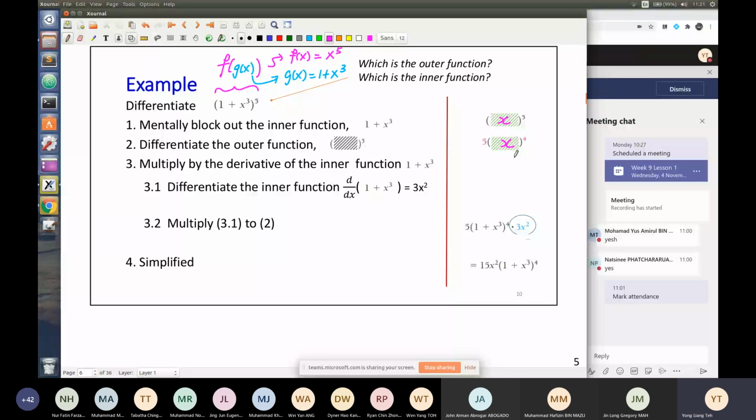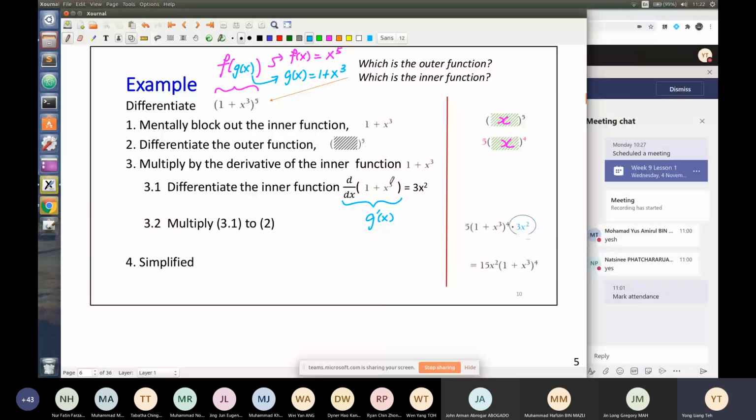So this is your outer function derivative. Then subsequently, multiply the derivative of the inner function. Firstly, you differentiate the inner function. This is your g prime. So g prime of x is just 3x squared, because you differentiate 1 to get 0, and differentiate x cubed to get 3x squared.